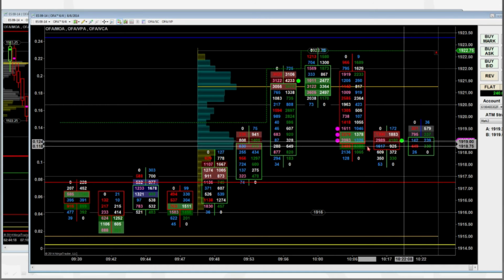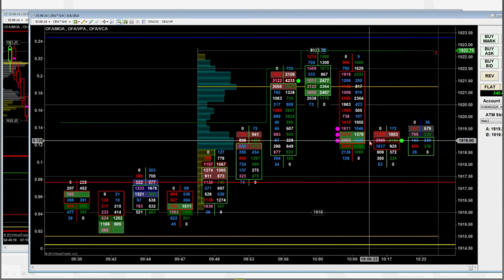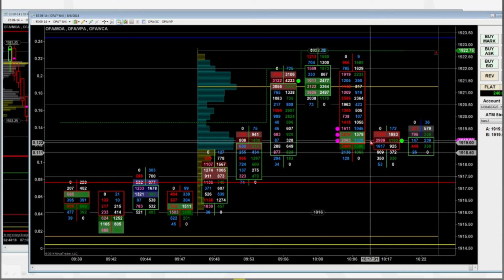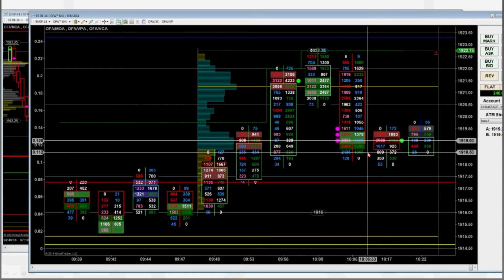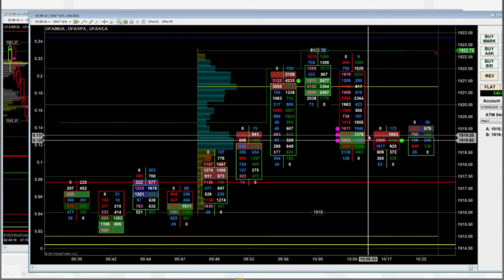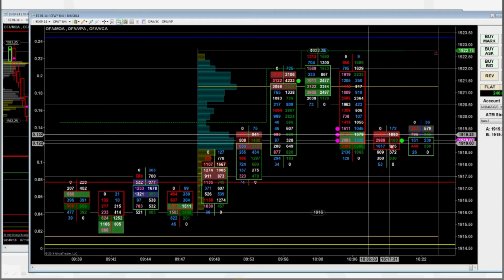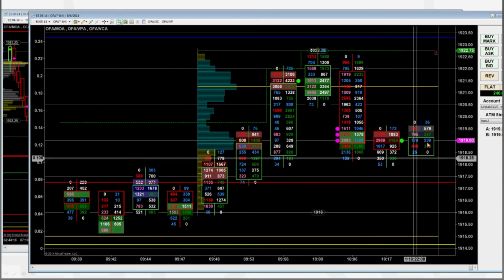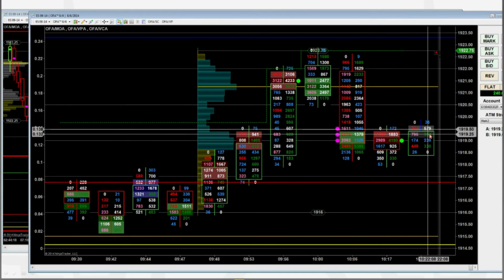So what we would want to see if we were in the long is continued strength at the offer at 1950, 1975, and what we don't know, and this is the hard part, is if we're going to get that strength.